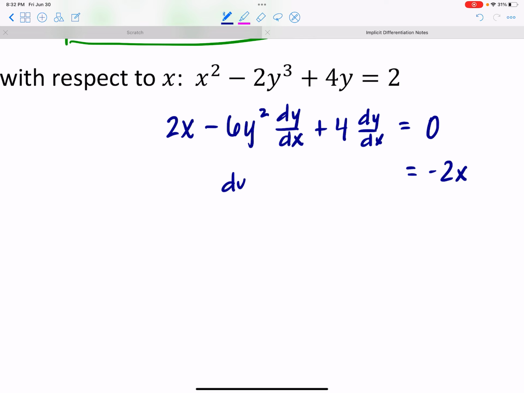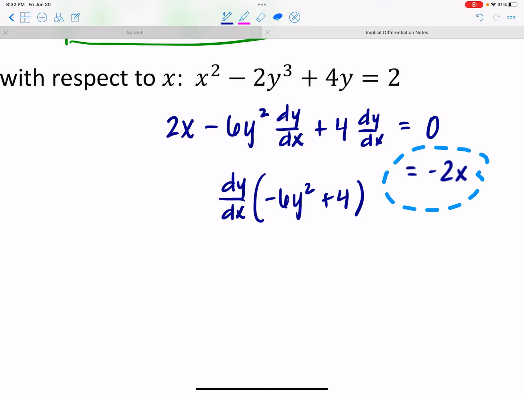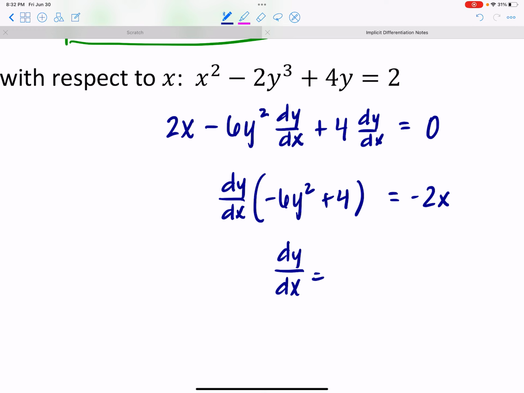So I'm going to have a dy dx and then a negative 6y squared plus 4 equal to the negative 2x that I subtracted over. And then, again, solving for dy dx means divide over that binomial. So we're going to say dy dx is equal to the negative 2x divided by the negative 6y squared plus 4.